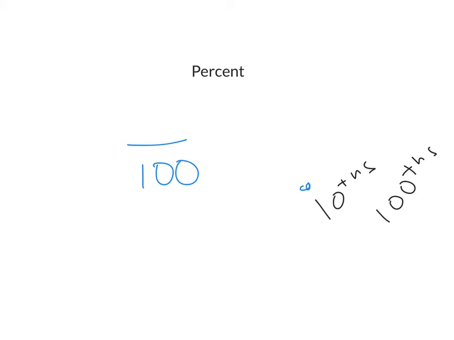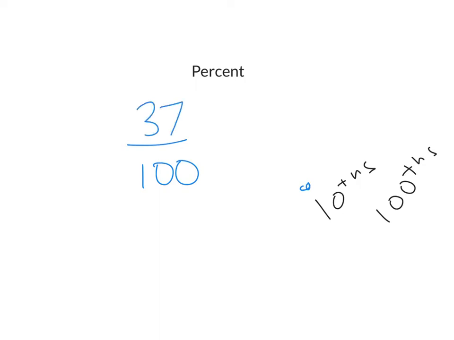You see where I'm going with this? Okay, so if it's out of 100, and here we've got tenths and hundredths, let's try and figure out how we can equate percents and the place value or decimal. So percent to decimals. Okay, let's figure out a number we can use.